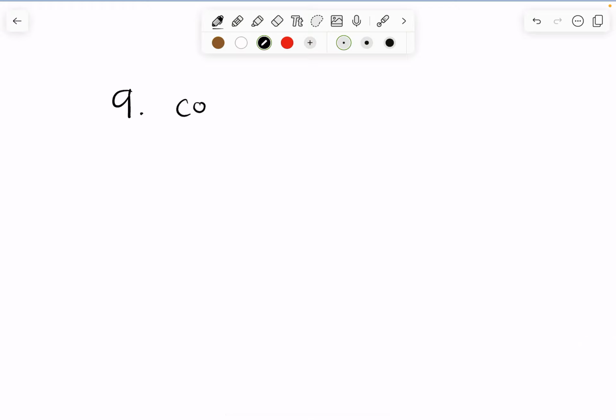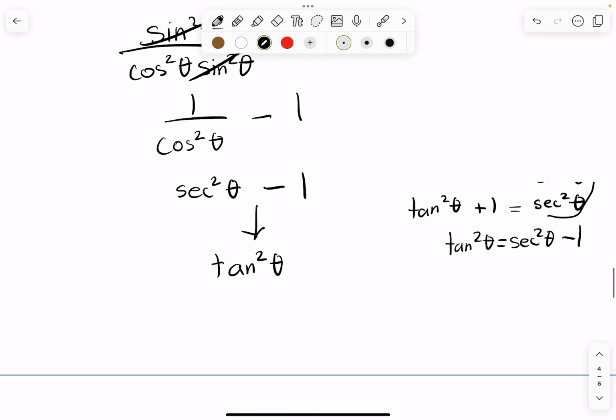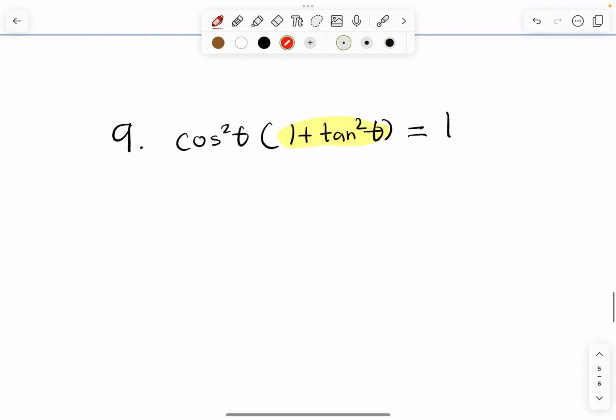Number 9. So this part right here, everybody, is an identity, and we just talked about it once again over here. Do we see that tangent squared plus 1 equals secant squared? So I'm just going to come over here, and I'm going to write cosine squared times secant squared.